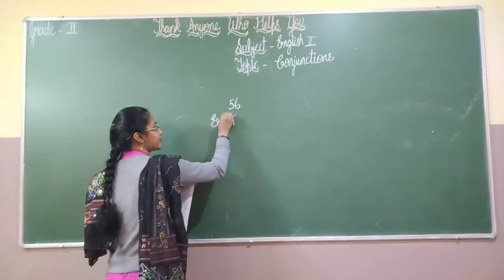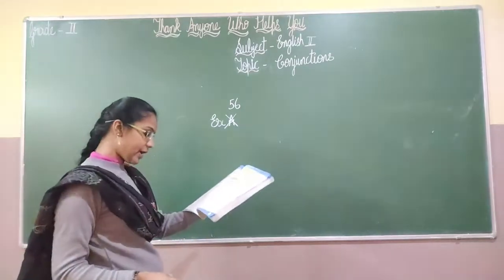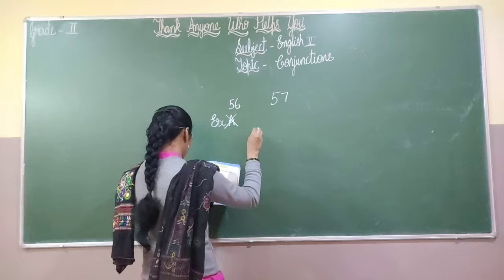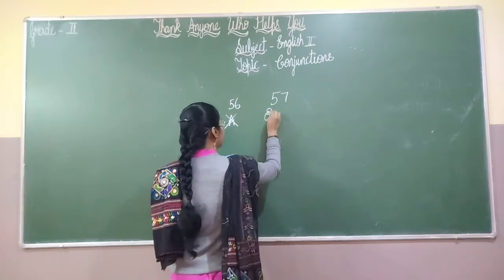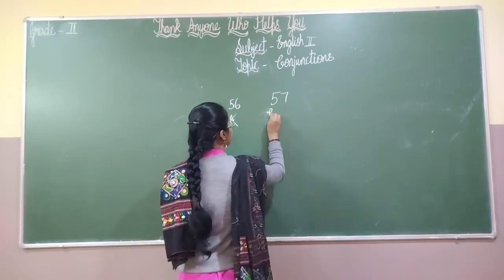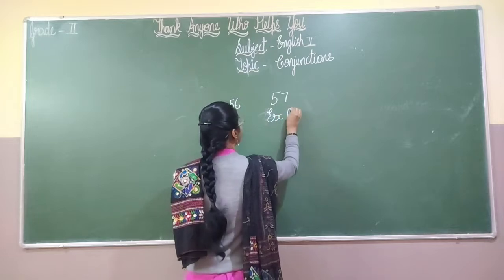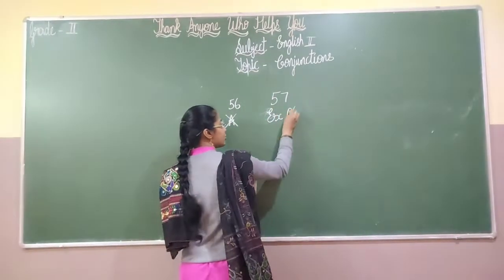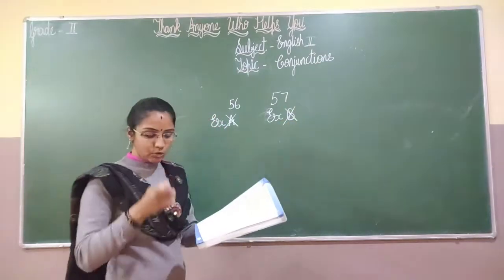Cross out this and come to page number 57. Exercise B. So even we are not going to complete this. Cross out this. Now turn the page.